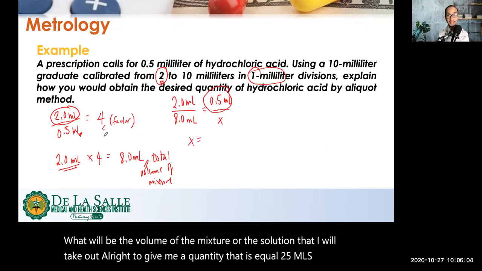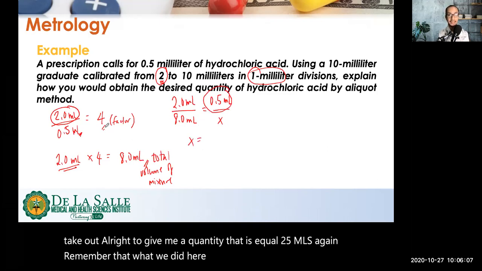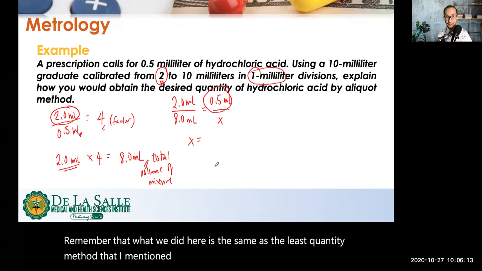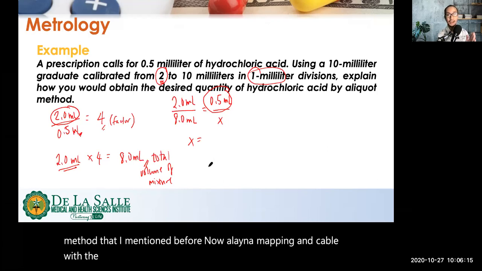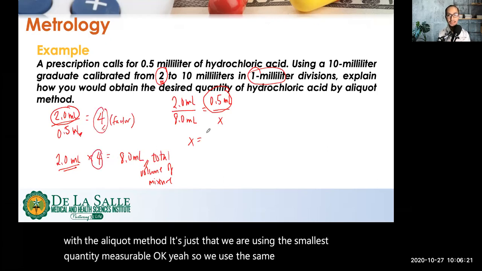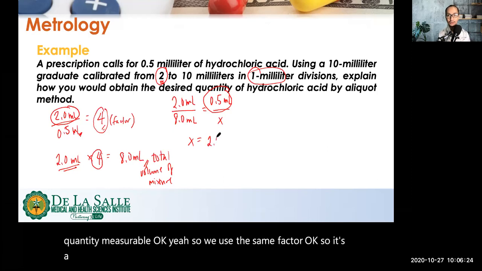Remember that what we did here is the same as the least quantity method that I mentioned before na wala namang pinagkaiba with the Aliquot method. It's just that we are using the smallest quantity measurable. Okay? Yeah, so we use the same factor. Okay? So, ibig sabihin, this will be equal to 2 milliliters. Now, is it possible? Yes.